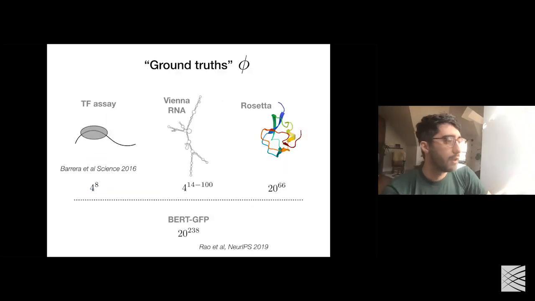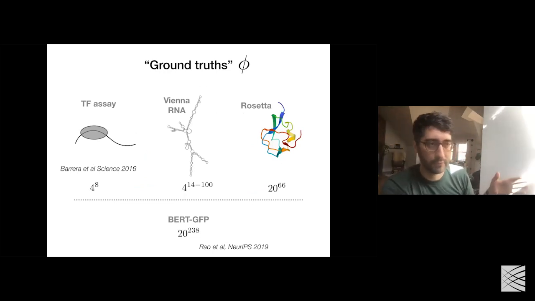Right, sounds good. So we have a set of ground truths. These are really not ground truth in most cases, but aim to simulate the experimental ground truth.